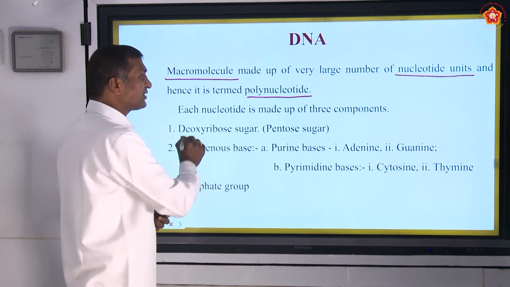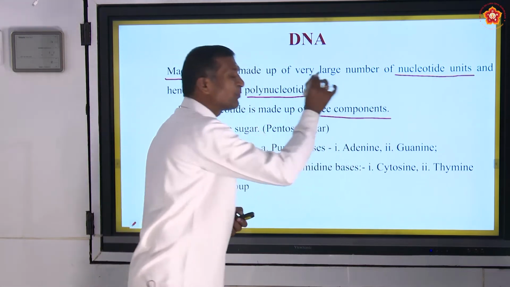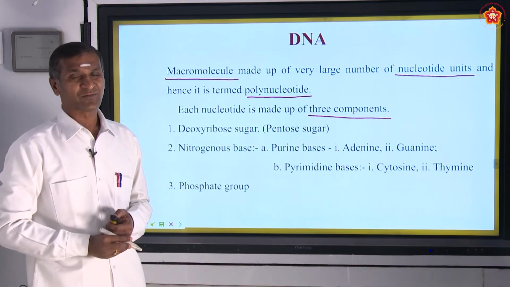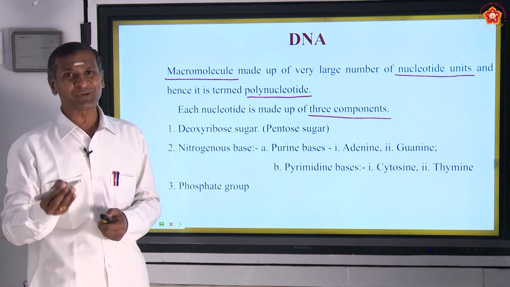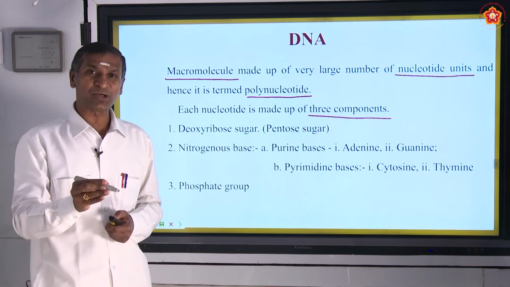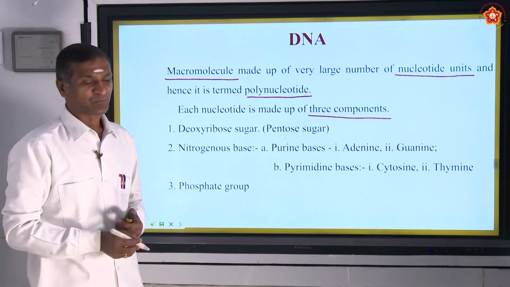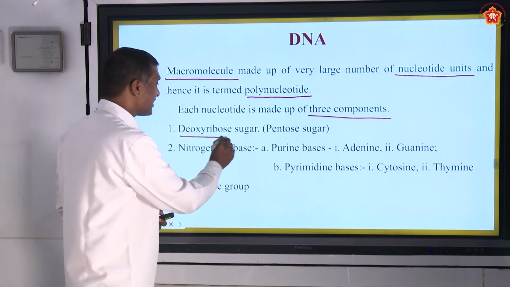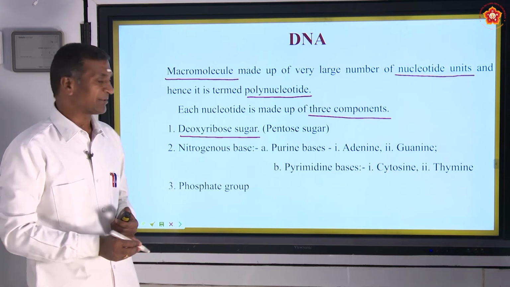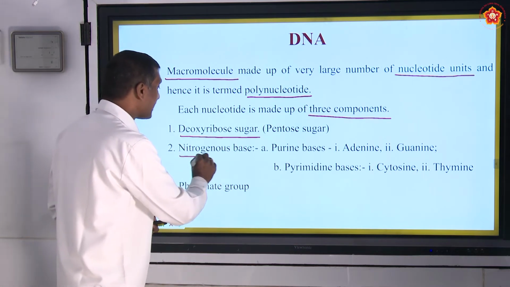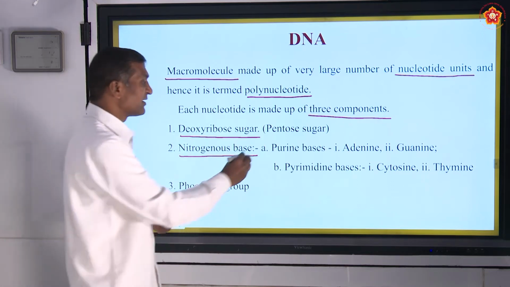Each nucleotide is again made up of 3 components. Very simple, you should remember. DNA is made up of nucleotides. Each nucleotide is again made up of 3 components. One is deoxyribose sugar or pentose sugar. Second is the nitrogenous base. Which are the nitrogenous bases?